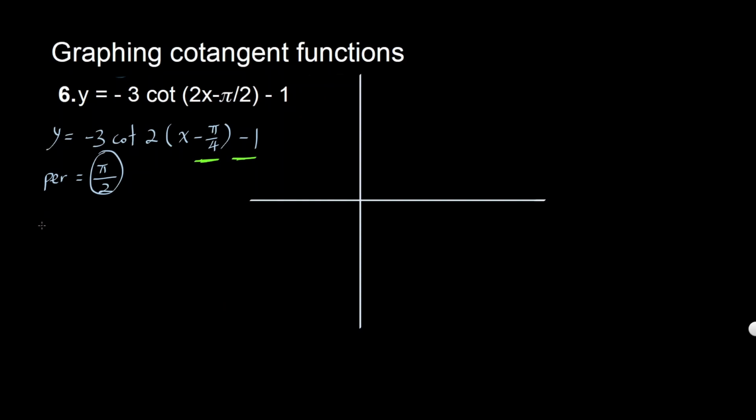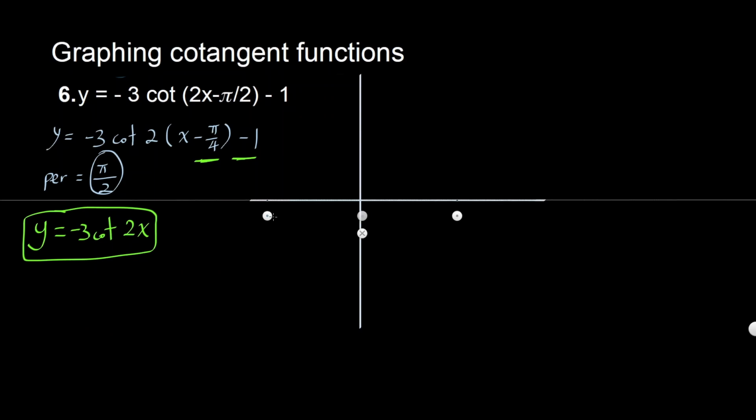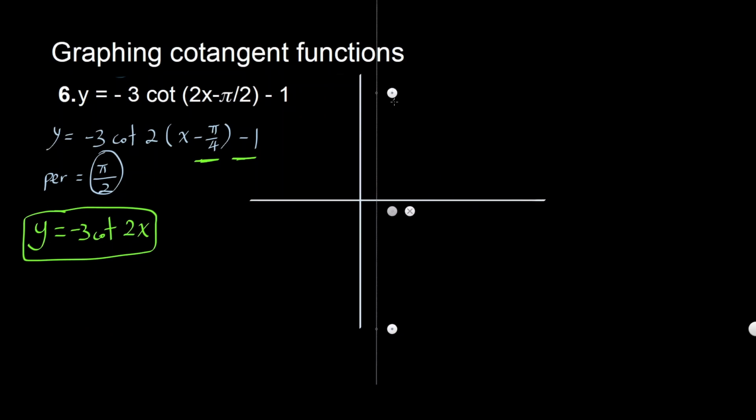So let's graph y equals -3 cotangent 2x first.